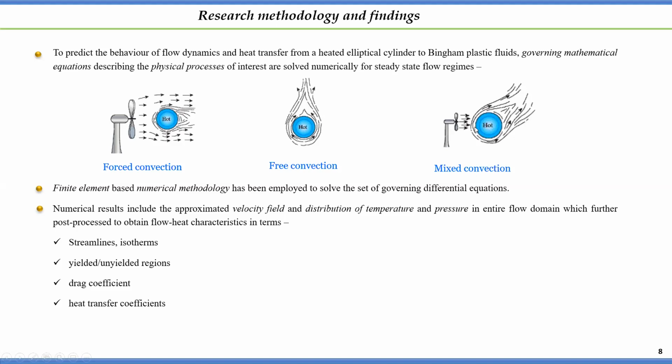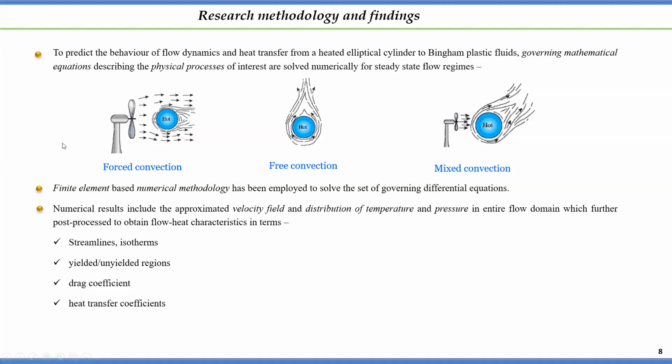So we are trying to study the flow past a long object called a cylinder, having an elliptical shape. When we keep this object in the path of a Bingham plastic fluid, and we consider the phenomena of forced convection, free convection, and mixed convection, what kind of results are we going to see?